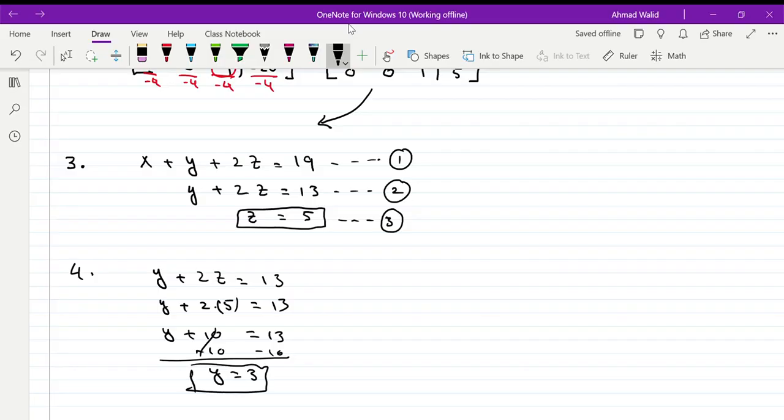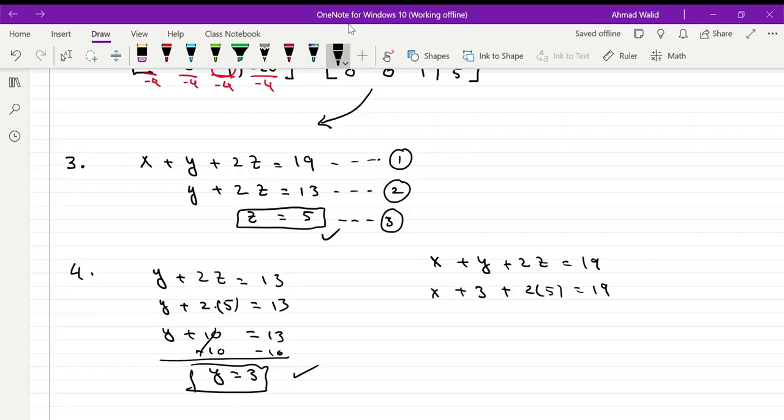Last one, you need the value of x. Use the value of z and y. Plug it in equation number 1 and you get the value of x. You have x plus y plus 2z equals 19. It means x plus 3 plus 2 times 5 equals 19.